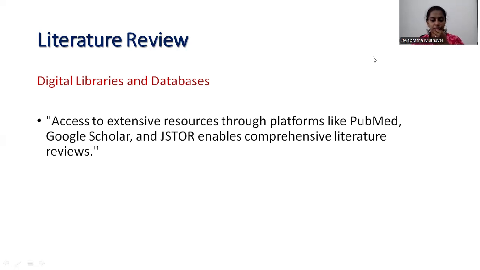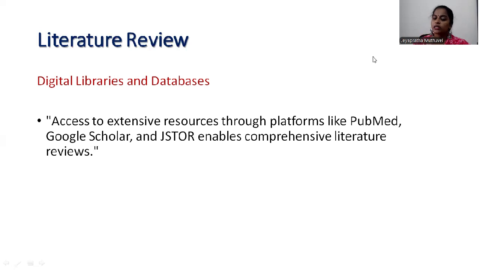There are some types of literature review. I'll give them one by one. One is narrative review. A narrative review provides a comprehensive and narrative summary of the literature on a particular topic.